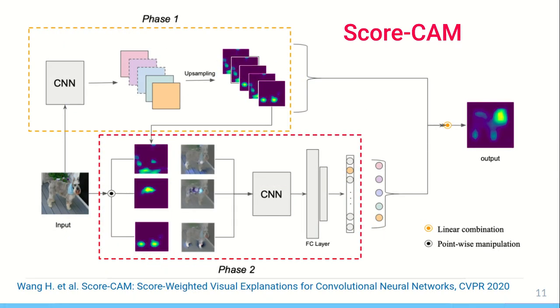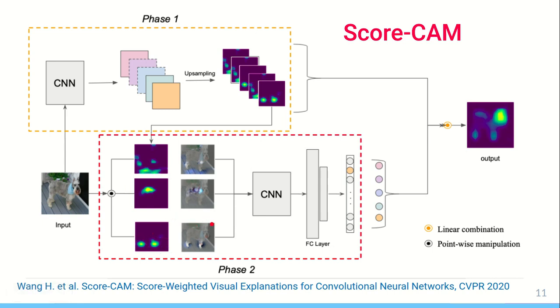ScoreCAM is a method based on class activation mapping. Given an input image and a trained model, the method will extract the activations in a specific layer of the network and apply them to the input image as masks, creating new images.